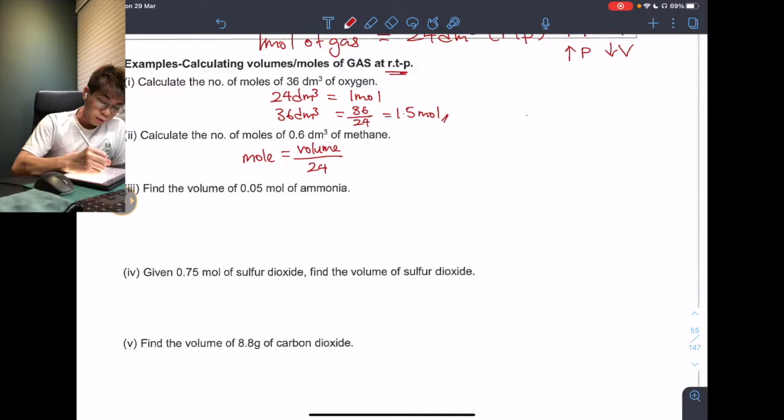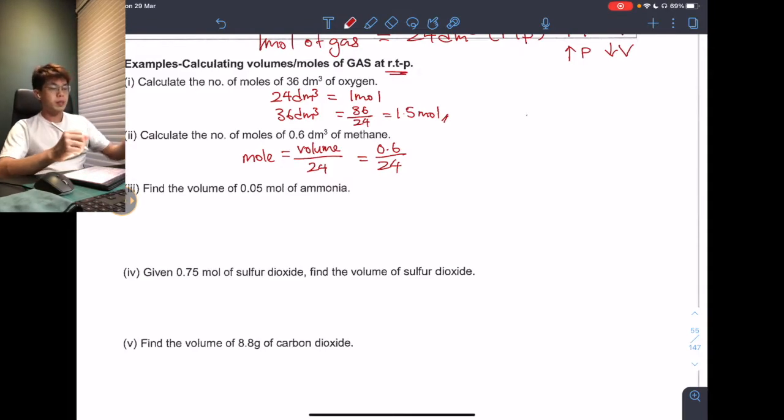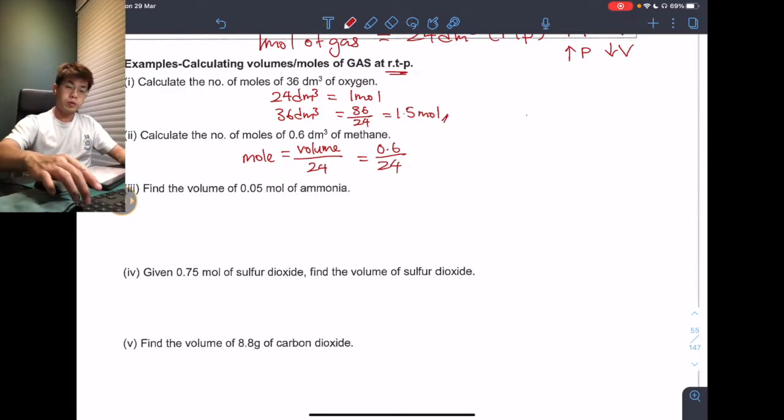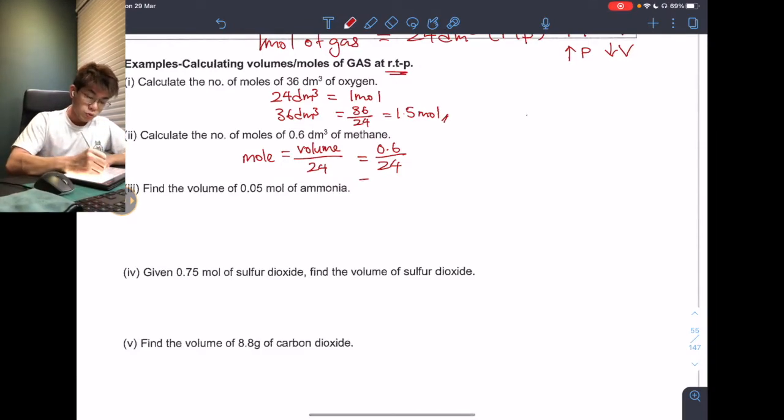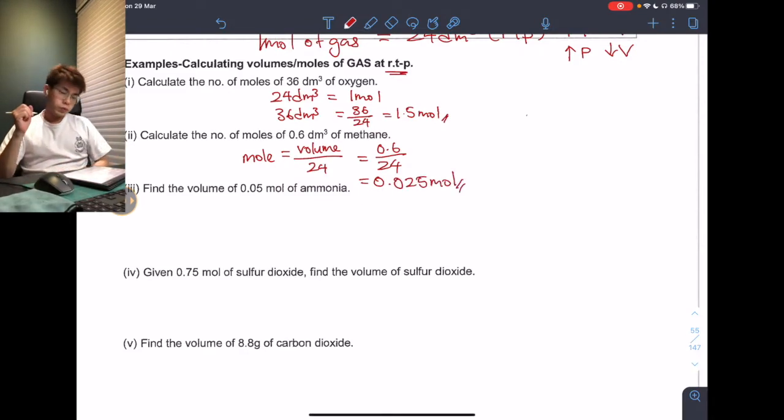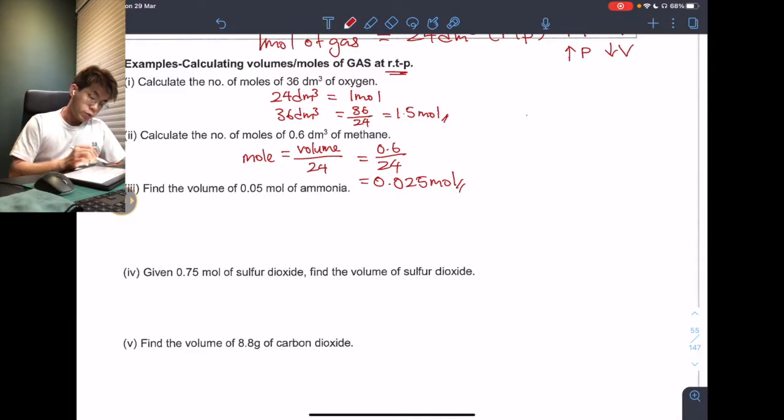I've got volume, so this is equal to 0.6 divided by 24. My calculator states that 0.6 divided by 24 is equal to 0.025 mole. Okay, so that is how we find it using the equation.